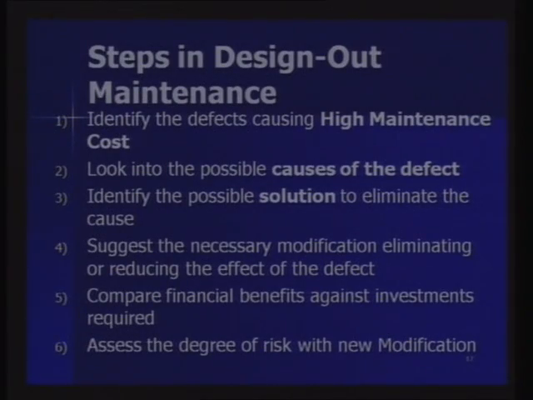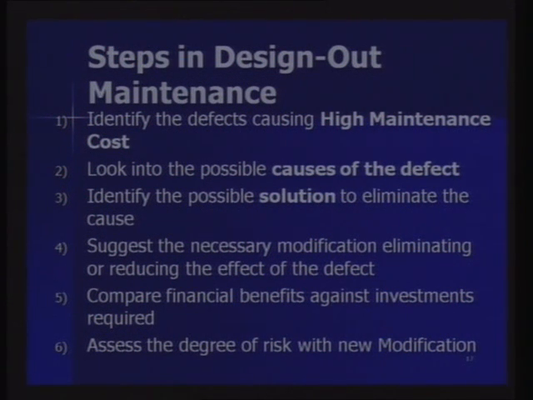Of course, it also has various steps. What are the steps? Identify the defects causing the high maintenance cost. So we must have a certain analysis, cause and effect. Through the Pareto curve, we can find out these things. Look into the possible causes of the defect.